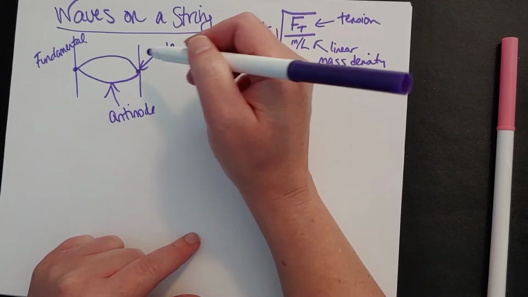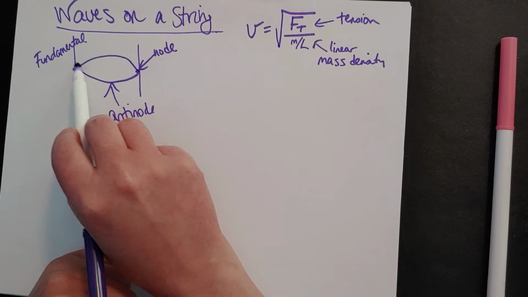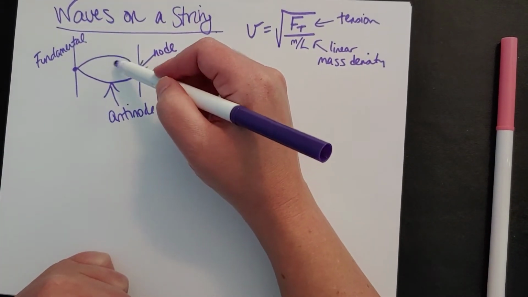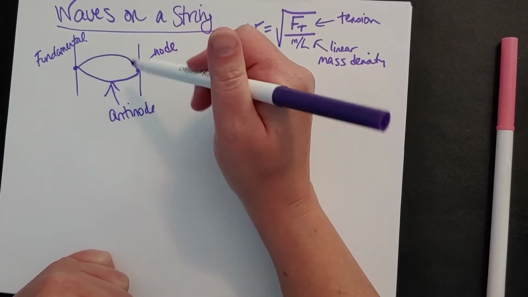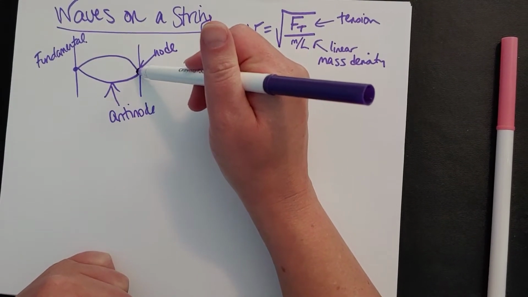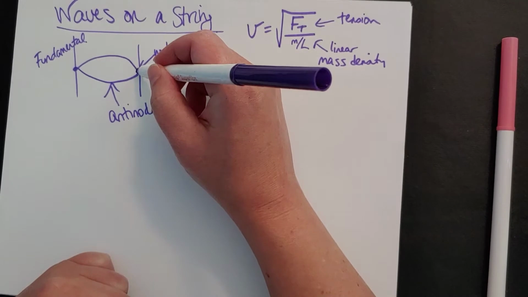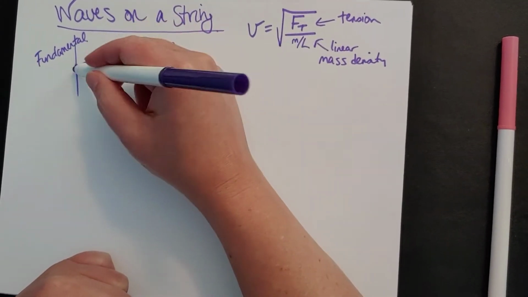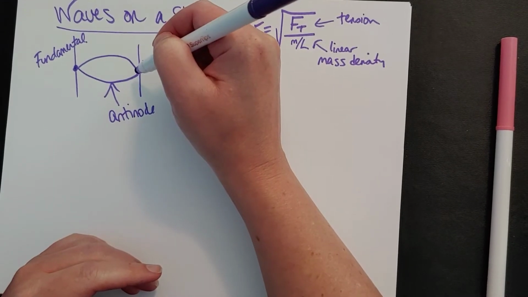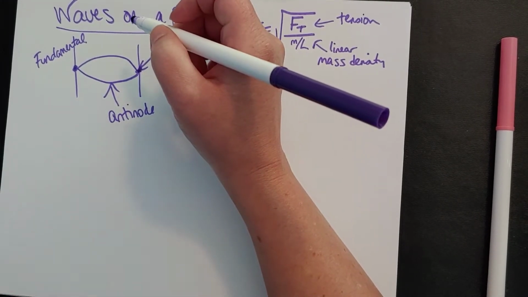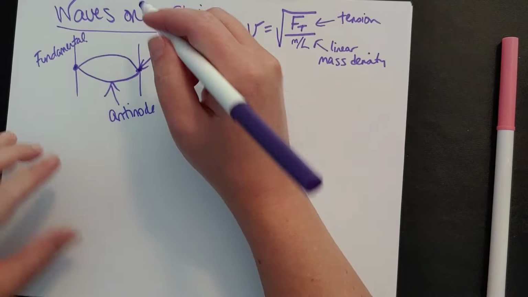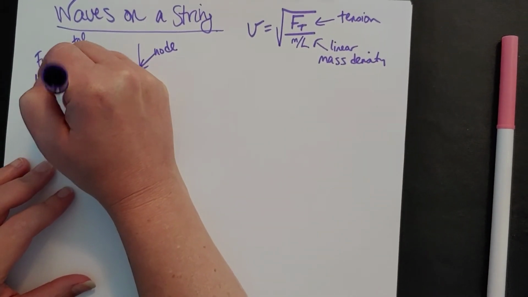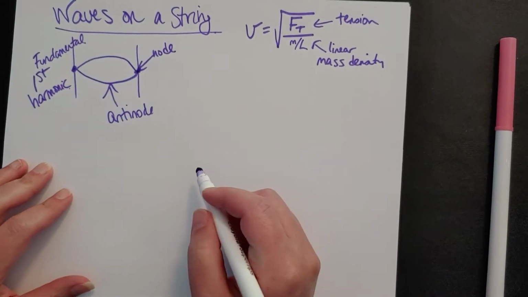What's actually happening here is you have a wave going this way, and it reflects off here and goes this way, and you get constructive interference, which gives you an antinode, and destructive interference, which gives you a node. And so there's no movement right here because it's fixed at that point. Okay, so this fundamental is also called the first harmonic.